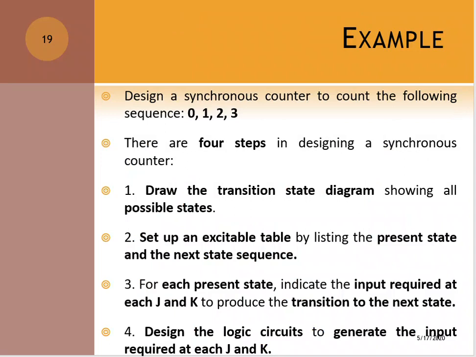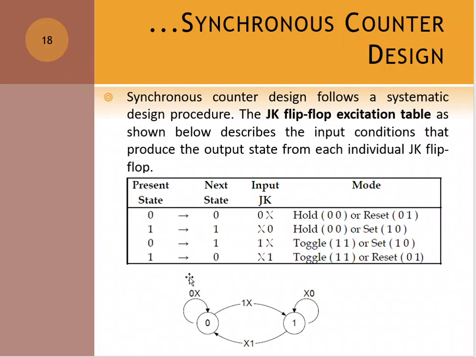Okay, next we are going to see how to design a synchronous counter to count the following sequence 0, 1, 2, 3. So these are the steps in designing a synchronous counter. First, draw the transition state diagram showing all possible states. Okay. So the diagram that I shown just now, okay, this is known as state diagram.